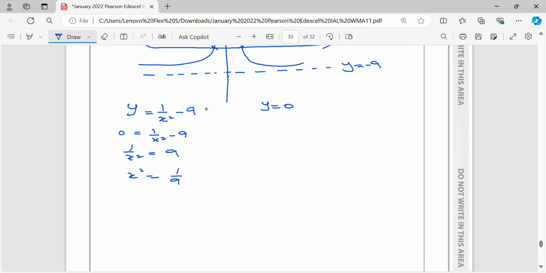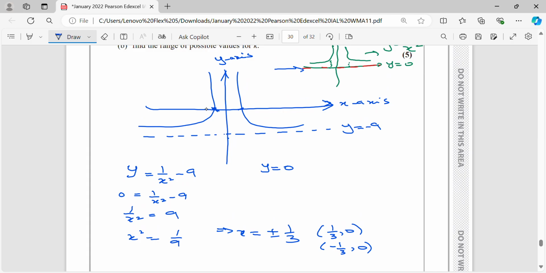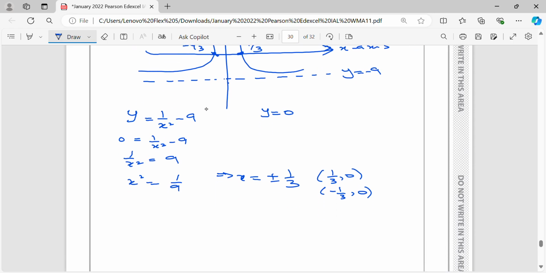Taking the square root, x equals plus or minus 1 over 3. So I have 2 points: one is (1/3, 0) and the other is (-1/3, 0). Let's check it: this point here is -1/3 and this point here is 1/3.